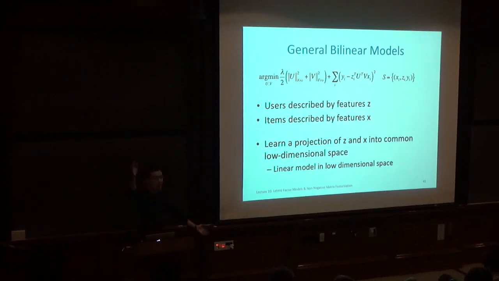It could be a super high dimensional representation of a user, and I could project that down to a low dimensional space. And that's what this looks like. And in the case where Z sub I, I know nothing about the user other than its identity, then Z sub I is just an indicator basis vector.